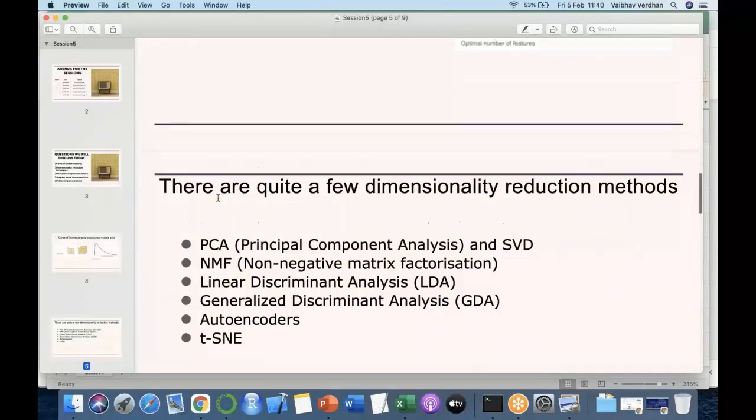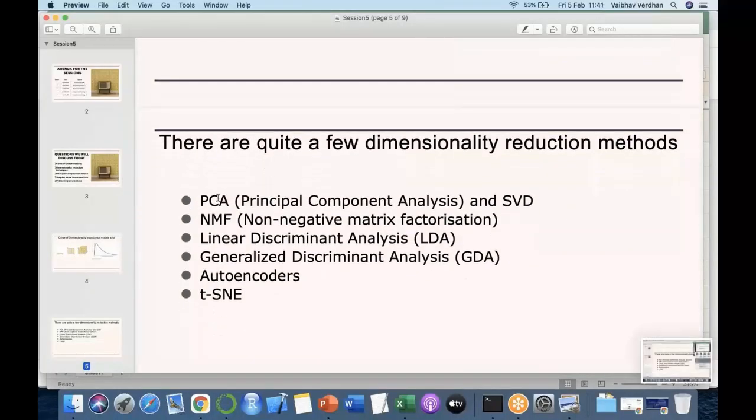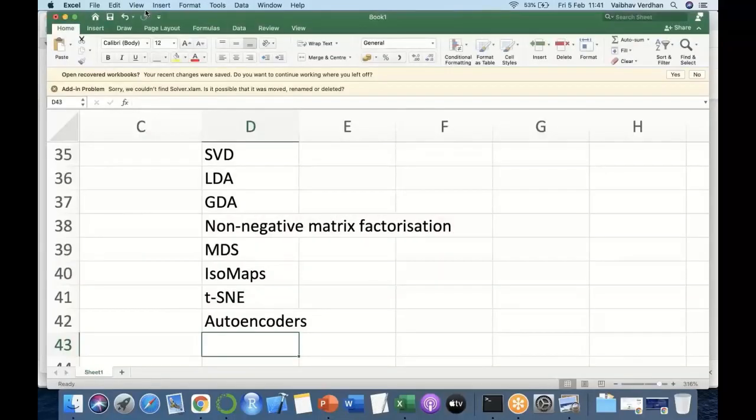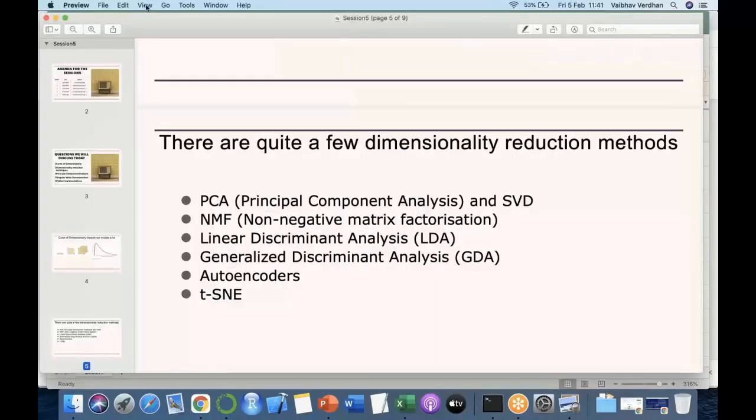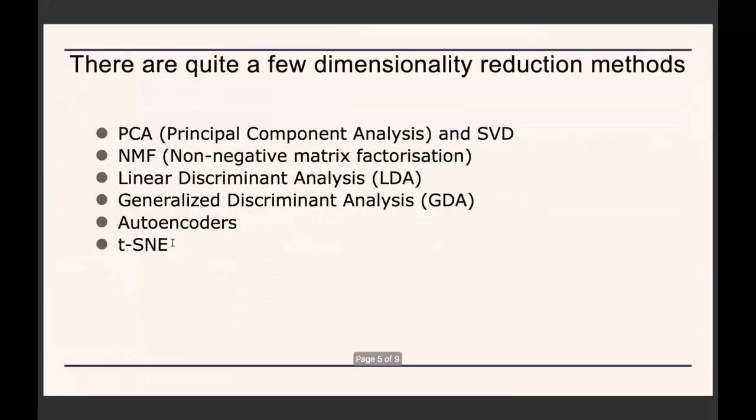Now, you would think that what is the purpose of having such a huge number of dimensionality reduction methods? The reason is that not all the methods might be good enough for all types of problems. Okay, based on the complexity in the dataset we have, we need a higher degree of more complex algorithm.